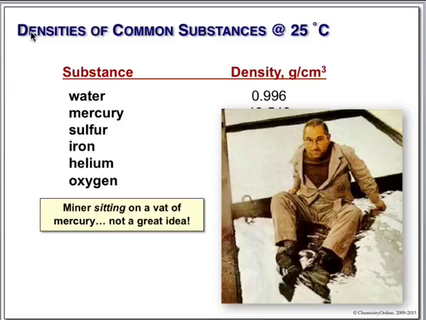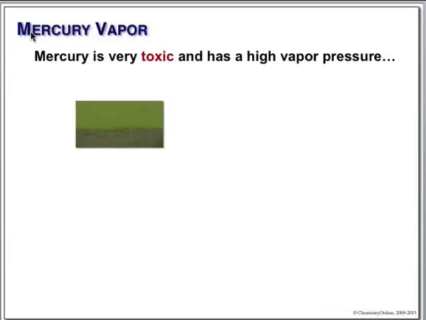Of course, his density is much less, so he floats. But like I said, sitting on mercury or even playing with it is not a great idea because it does emit very toxic vapors. They took this offline because they decided it was very, very tasteless, because the guy is clearly not quite with it.